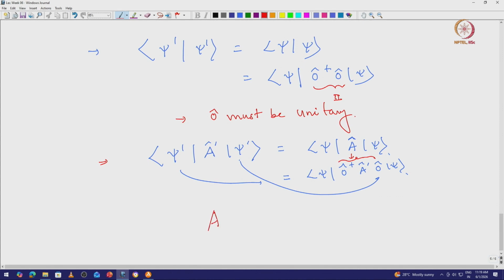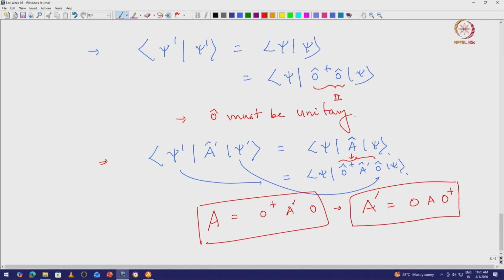So, A should transform as, which is to say A prime is related to A by just putting O from this side and O dagger from this side, and by using the fact that O is unitary, you will get this equation.